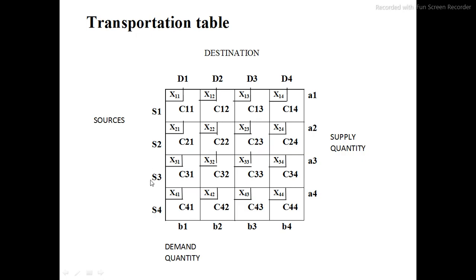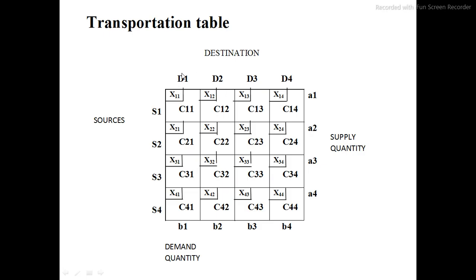The warehouses are called sources and the retailers are called destinations: destination 1, destination 2, destination 3, destination 4.